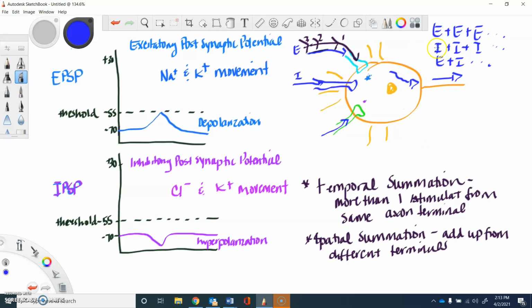Whatever comes up the most is either going to trigger an action potential or not trigger an action potential. So that is how EPSPs and IPSPs work. Okay, so you want to go over that because that can get a little bit confusing.